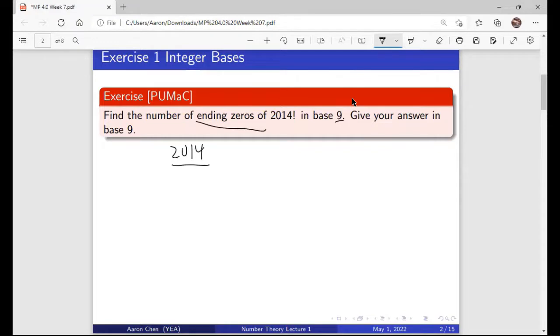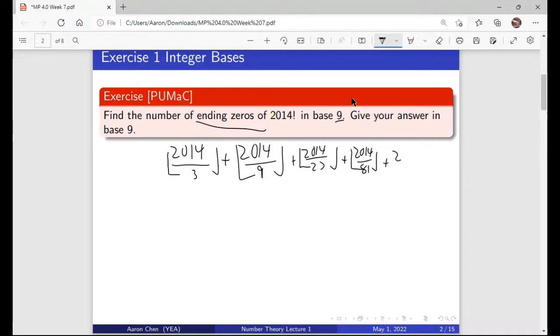It's just through the floor of 2014 over 3 plus the floor of 2014 over 9 plus the floor of 2014 over 27, and then do the same for 81, 243, and finally we do it for 729 as well.